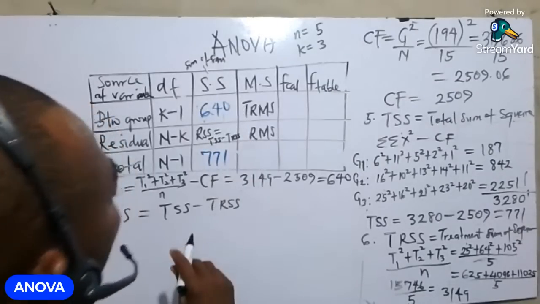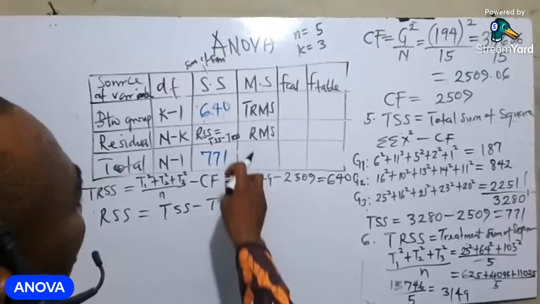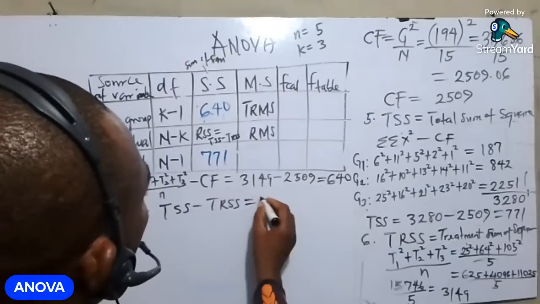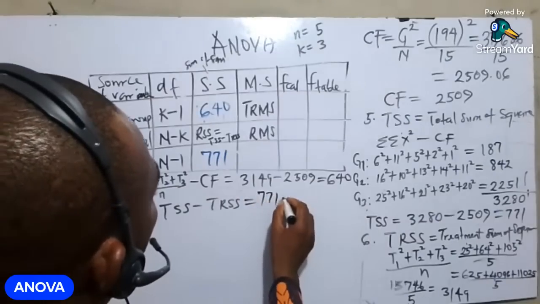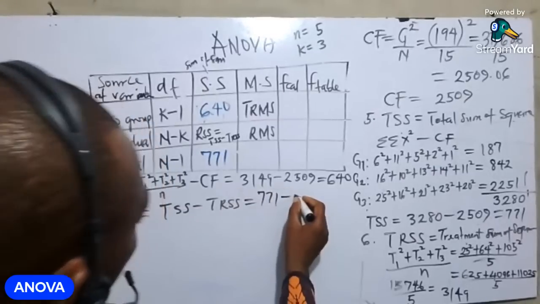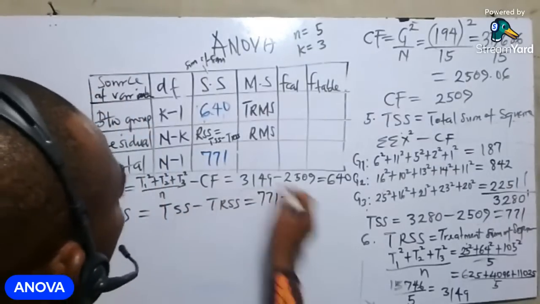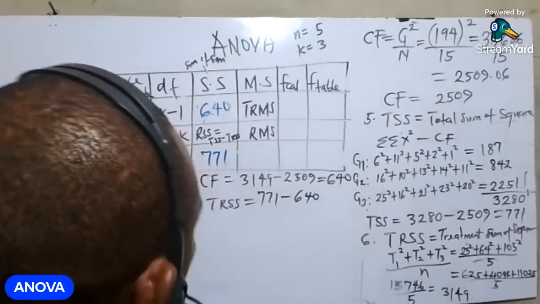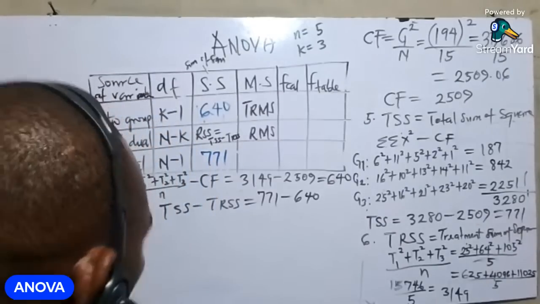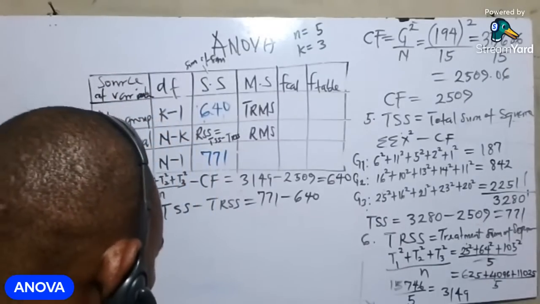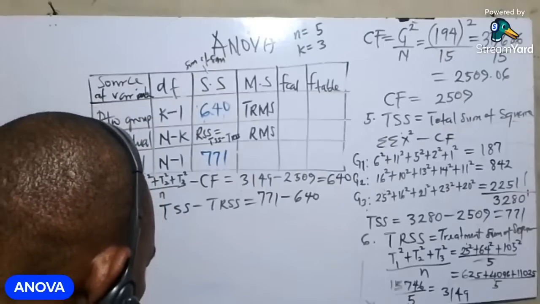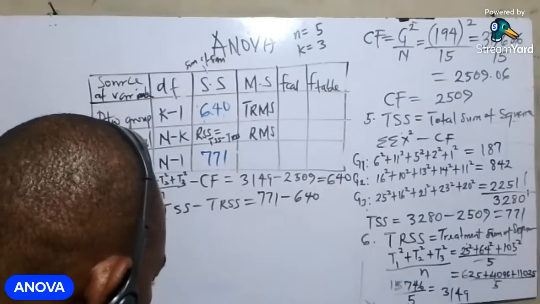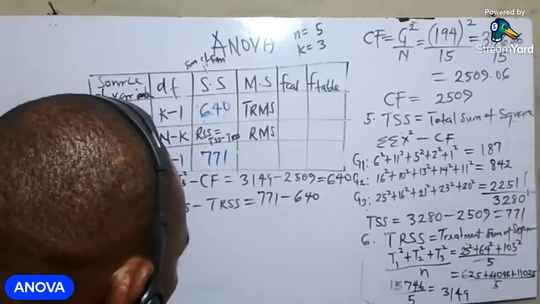That's why some examiners will just give you these and ask you to find this. So this is just 771 minus 640. That will give us 131.